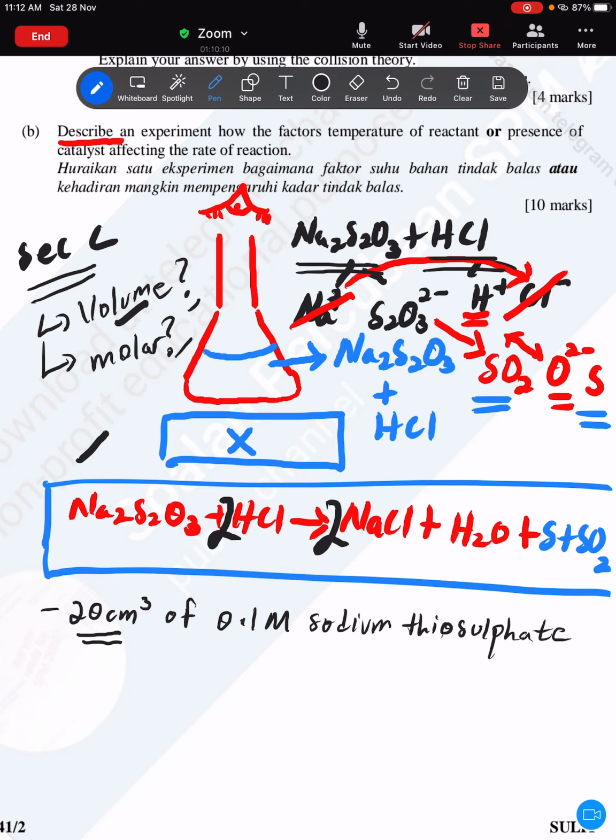Don't write 2 liters. Do you think you are doing the experiment in a bucket? No. That's why you use 20 cm cubic. Don't go more than 1 molar, because it might be too concentrated. Use something in between 0.1 and 1. That is acceptable.